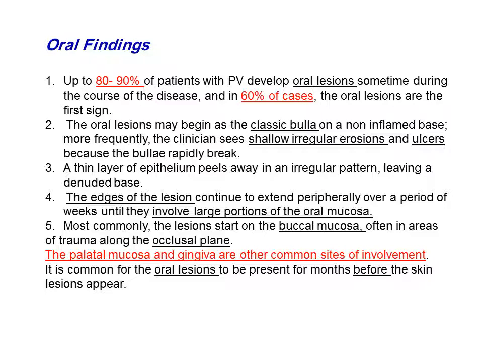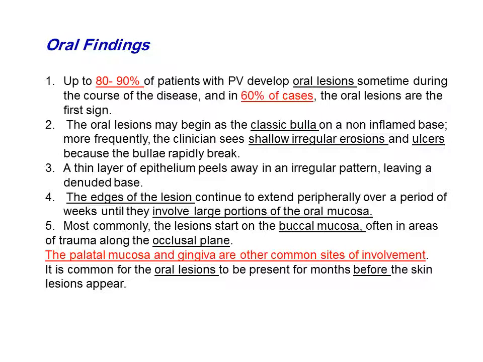Up to 80 to 90% of patients develop oral lesions in the course of the disease, but only in 60% of cases are oral lesions the first sign of the disease.